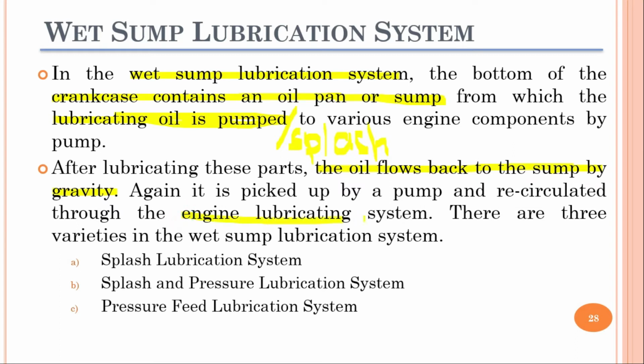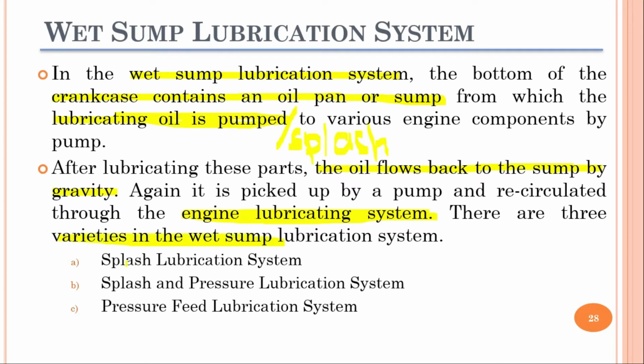This engine lubricating system may contain an oil cooler and oil filter, and after passing through it, it will again repeat the whole cycle, the whole process. There are three different varieties in wet sump lubrication.